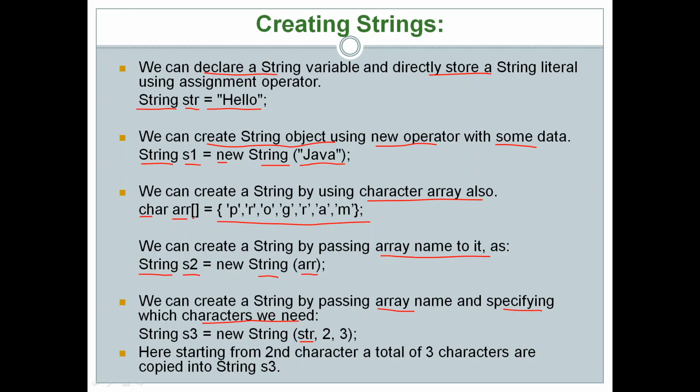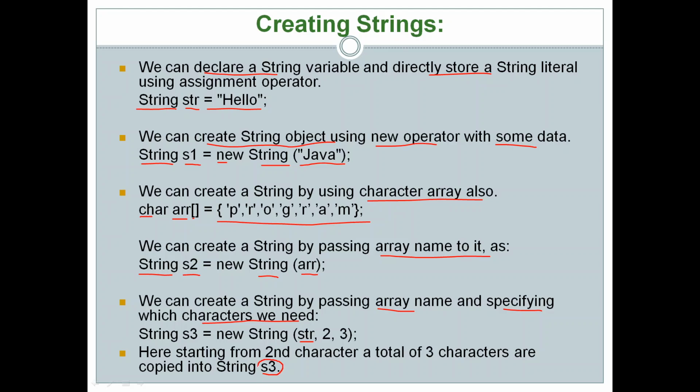So here the new string s3 is created, and that will have only characters from character position 2, and from there it will add 3 different characters. 3 characters will be included in this new string s3. So starting from the second character, a total of 3 characters are copied into string s3.